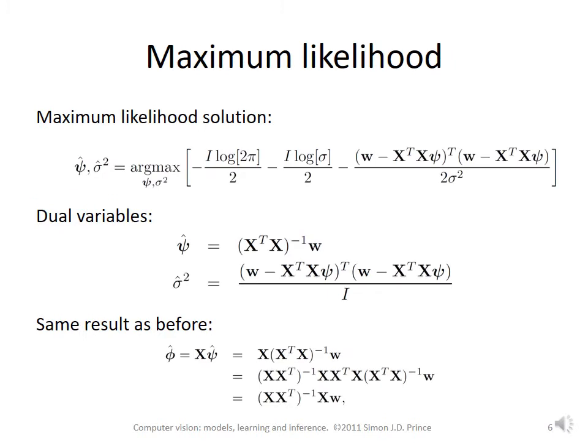When we try to learn our model parameters, we actually go back to the same maximum likelihood formulation if we like, and because of our substitution, we can solve in the same way, take the log derivative, solve for our model parameters, and we find that our maximum likelihood psi hat is x transpose x inverted times w.